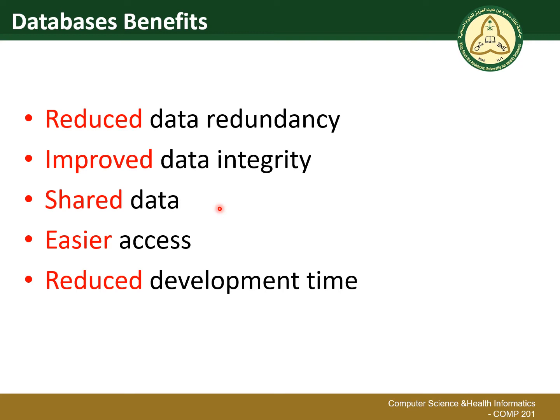So sharing data facilitates that multiple applications or software will use the same data with less development and maintenance time. Easier access, so the database can be accessed by any authorized users. Any authorized user can view, share, and access the data from different locations anytime using different devices.